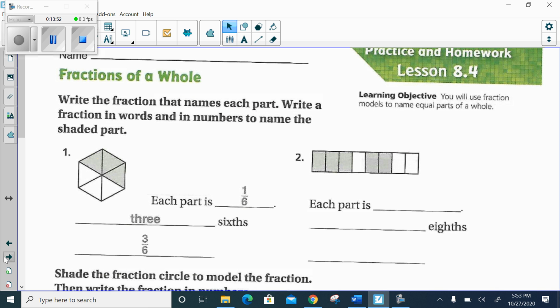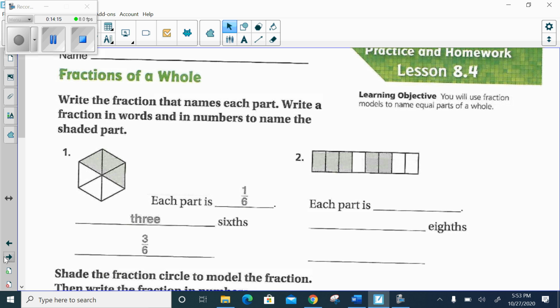All right. I want you to go to Canvas. I want you to go to Math. I want you to go to Lesson 8.4 in your Think Central and do that for me, please. Okay? That way I know that you've watched this video and that you have done the lesson.